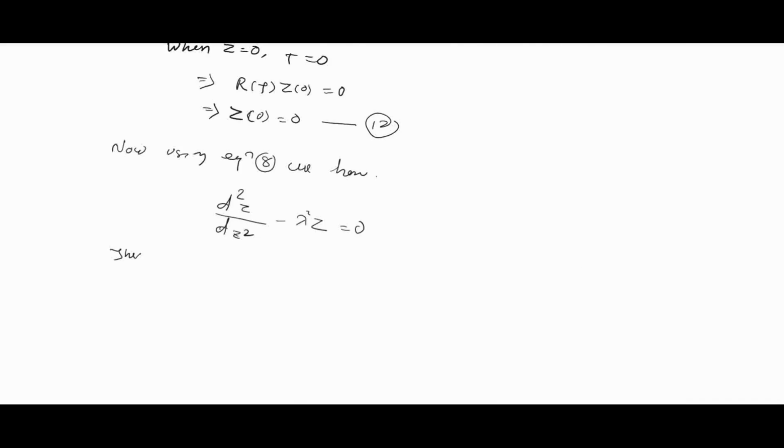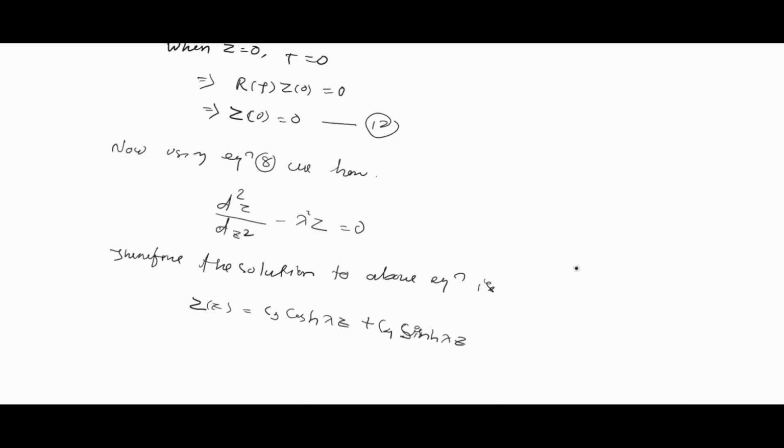Therefore, the solution to the above equation is Z as a function of z is equal to C3 cosh lambda z plus C4 sinh lambda z.